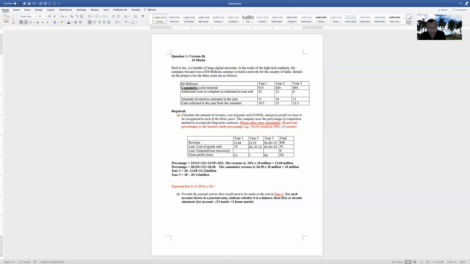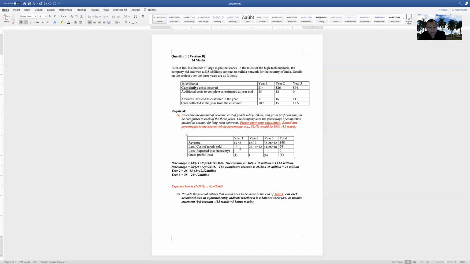So that's going to be around 0.64 loss. You can do it another way.